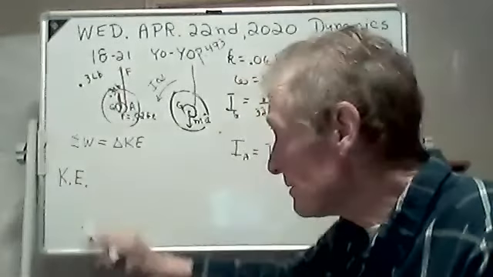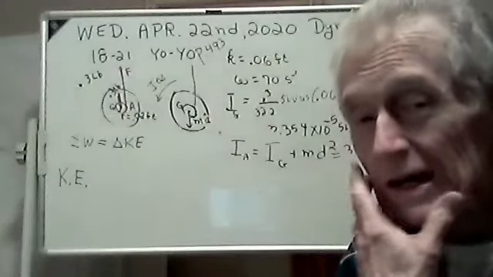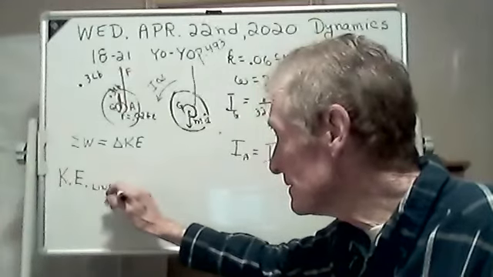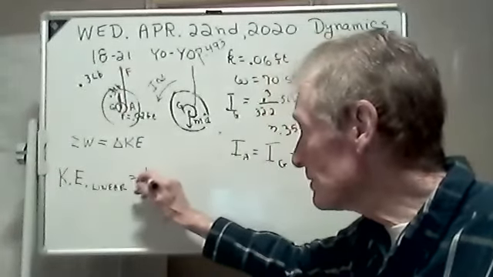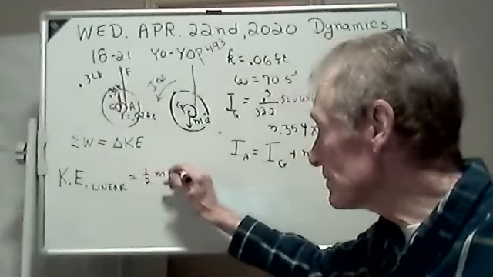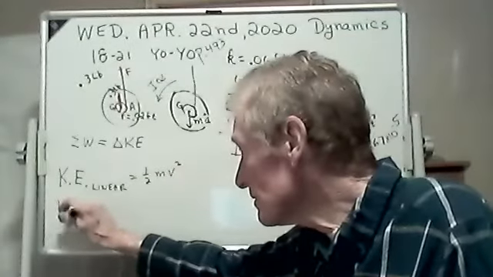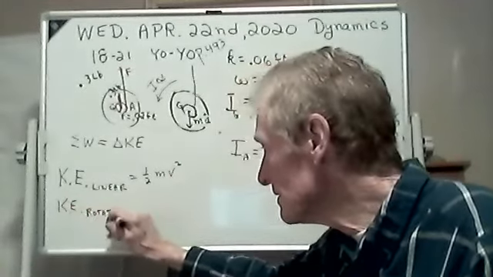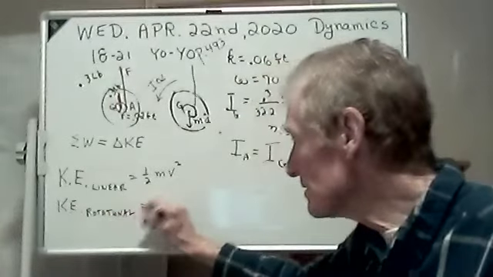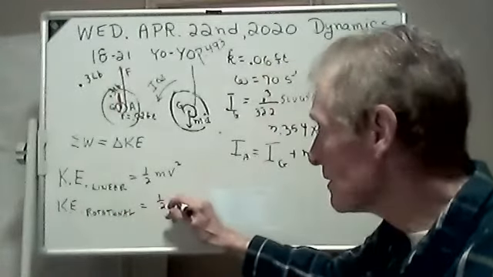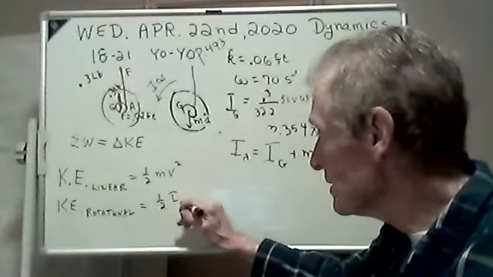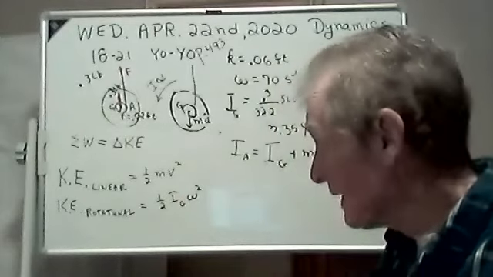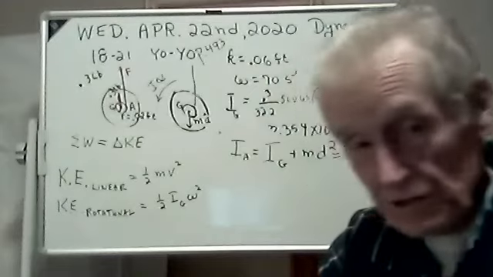Now, the thing is, though, there's two kinds. There's a linear, and that's equal to 1/2 mv squared. And then there's rotational, and that's 1/2 I_G omega squared. And see, if you add those up, you can get the total.